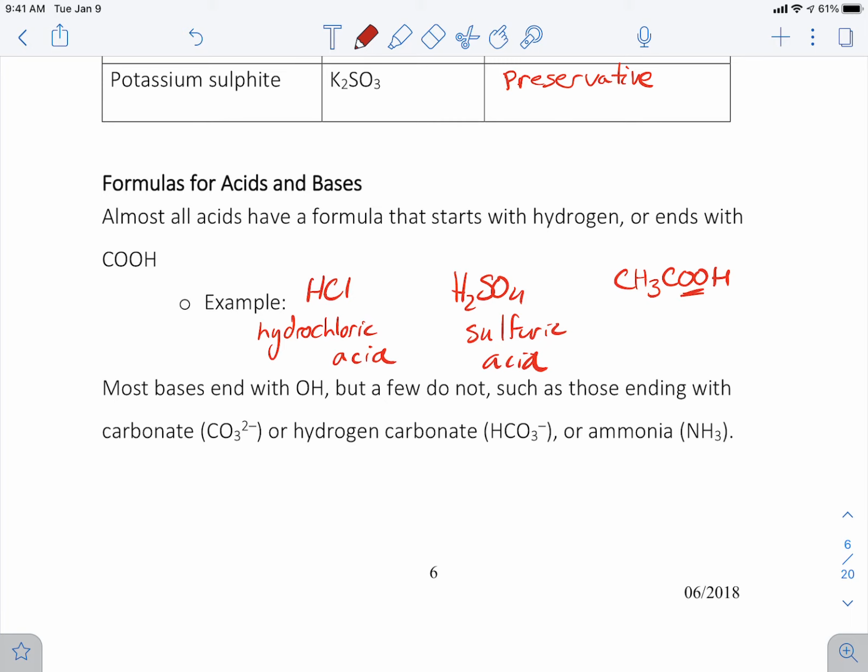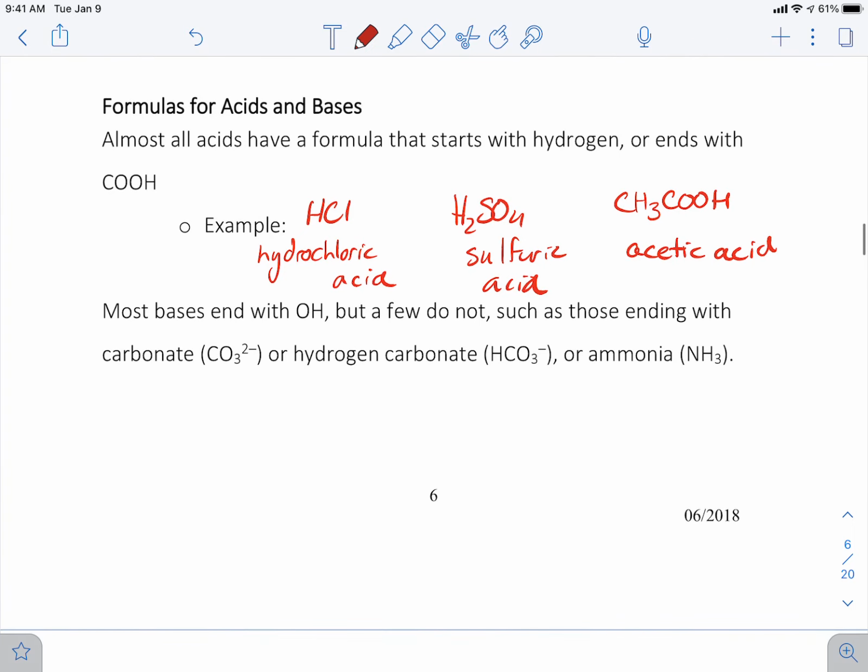So although there are two oxygens here and you might be tempted to put them together, we typically don't, to try to emphasize that this hydrogen is all out by itself and is acidic. So this is acetic acid. Sometimes students remember it as choo-choo, like the train. So CH3COOH. Choo-choo is how I always remember it. It's the choo-choo acid, acetic acid.